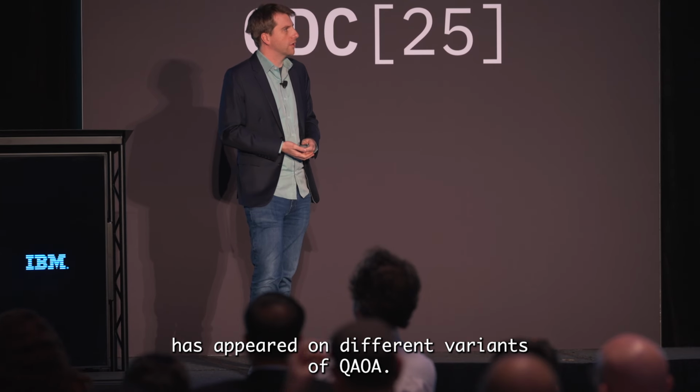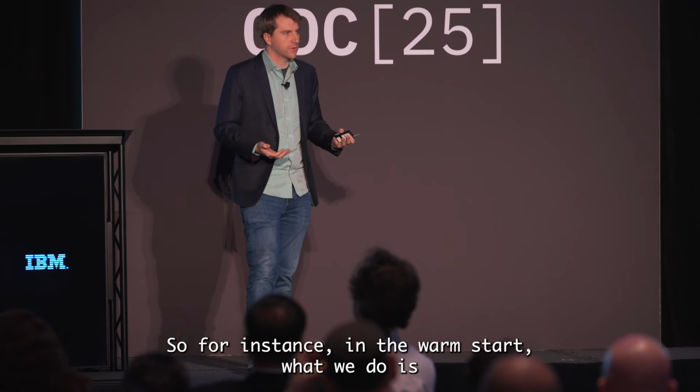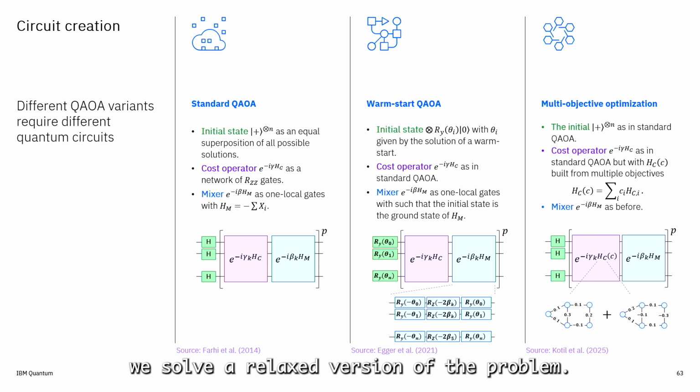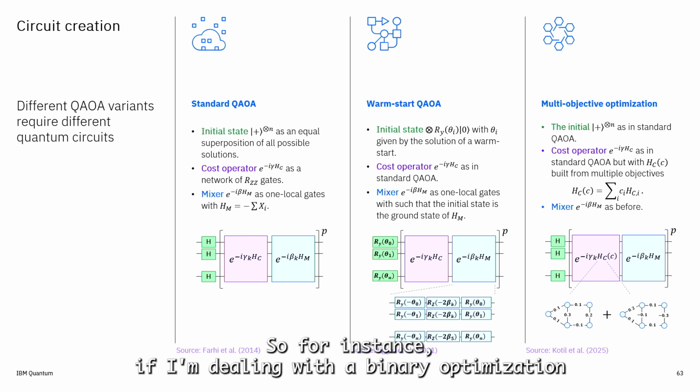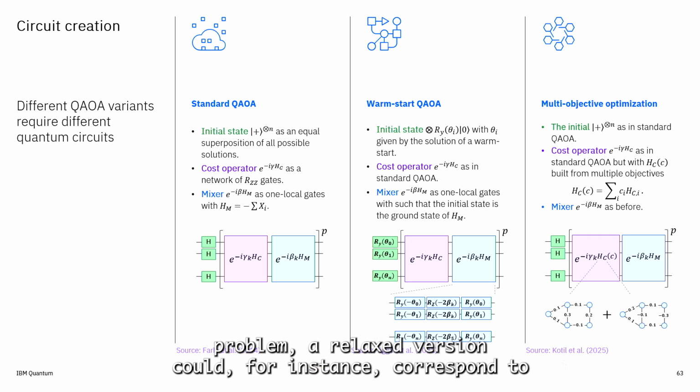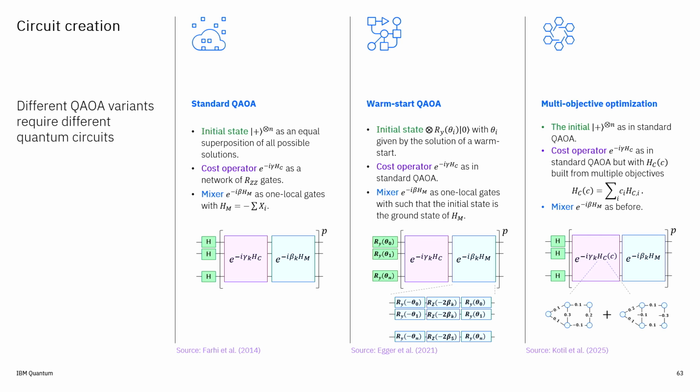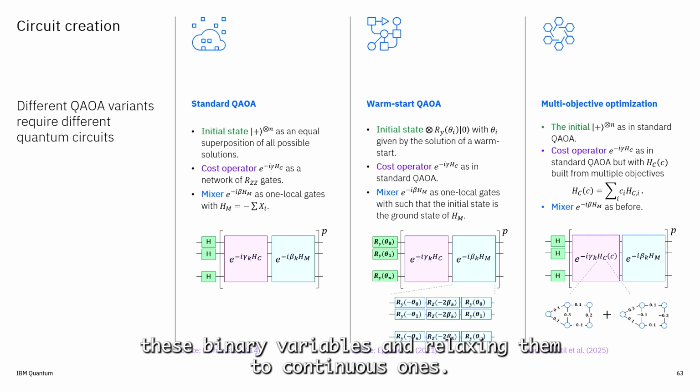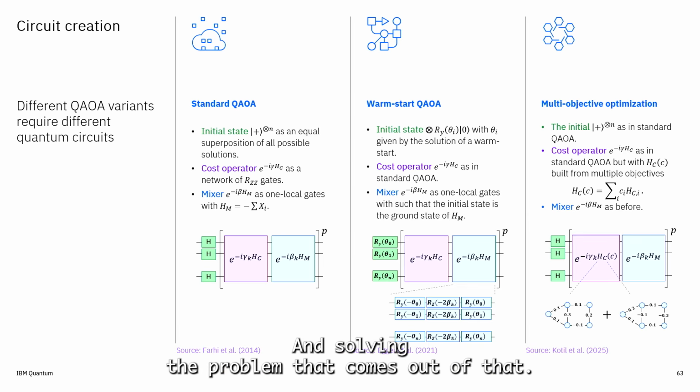So this is the standard QAOA, but over the years, a lot of literature has appeared on different variants of QAOA. For instance, in the warm start, we solve a relaxed version of the problem. If I'm dealing with a binary optimization problem, a relaxed version could correspond to taking these binary variables and relaxing them to continuous ones and solving the problem that comes out of that.